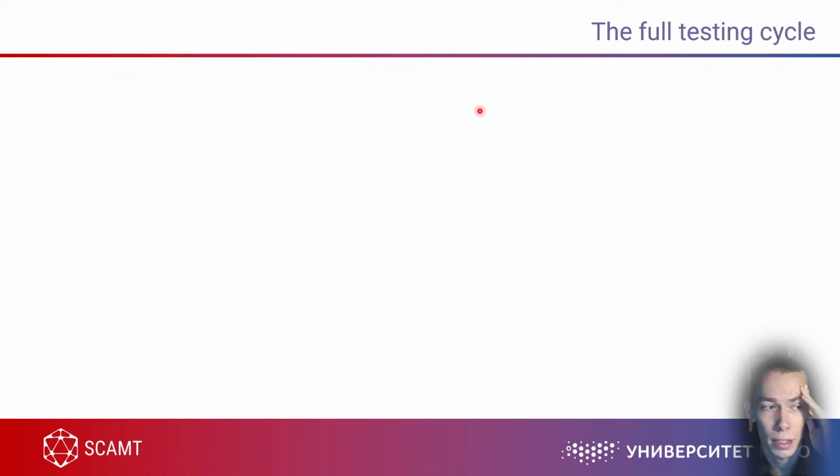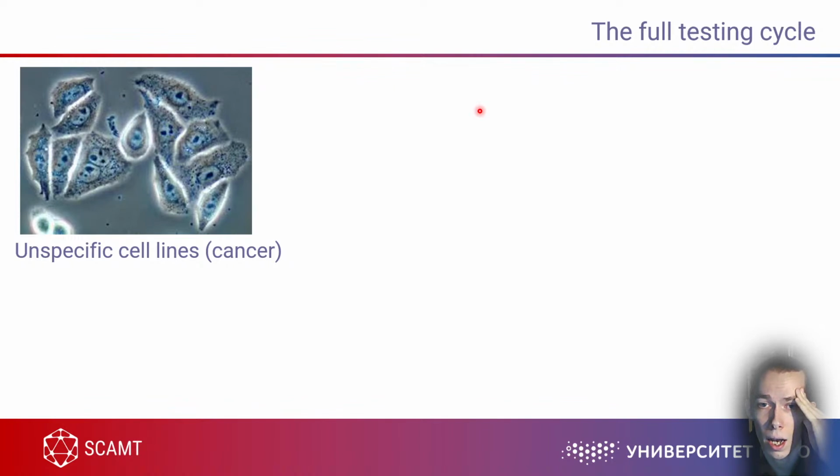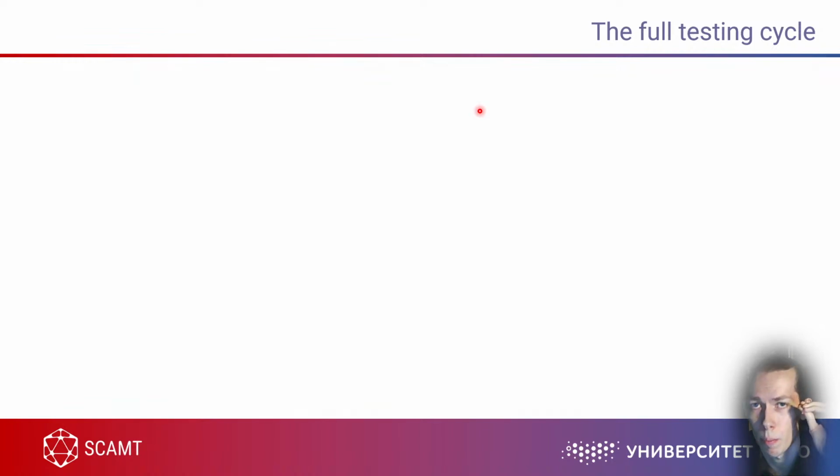And the last slide, I believe, is about the testing cycle. So, how many stages do we have? First, when you obtain some nanoparticles, you should perform some preliminary testing just to understand the general patterns of cytotoxicity.